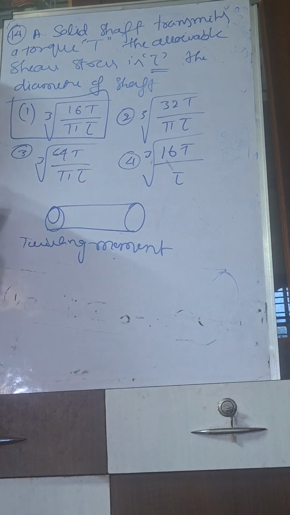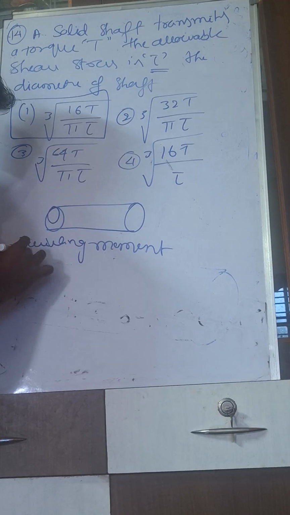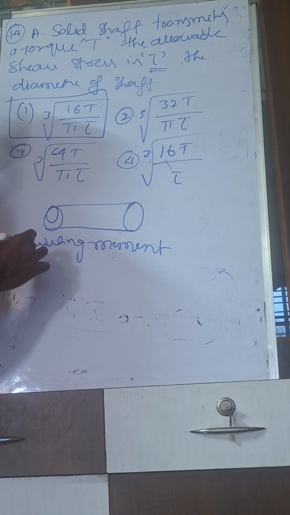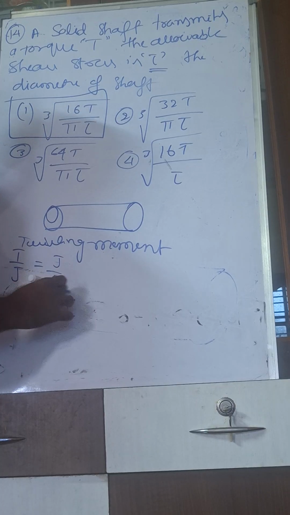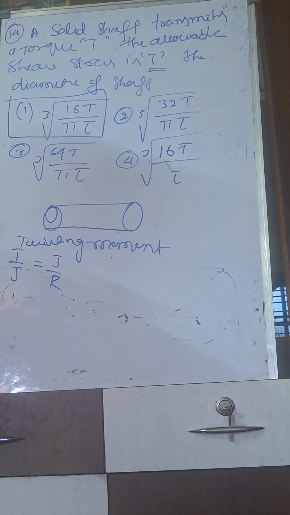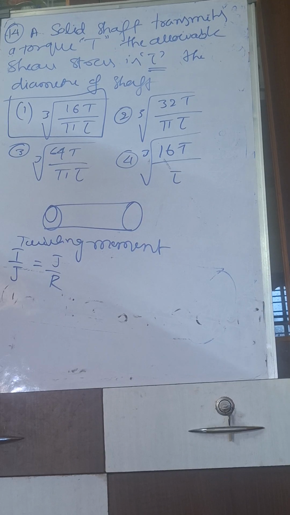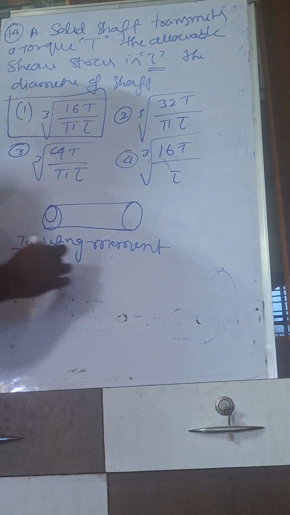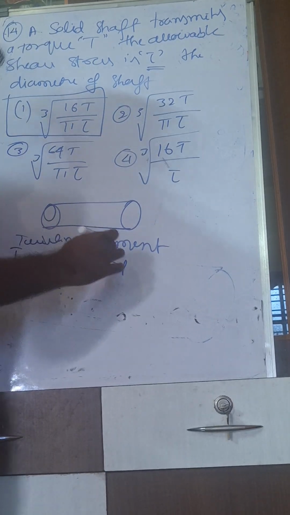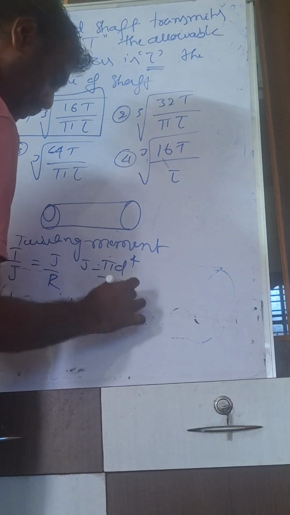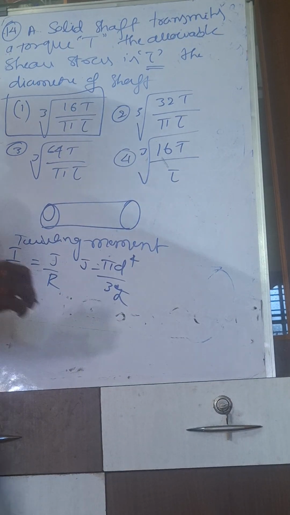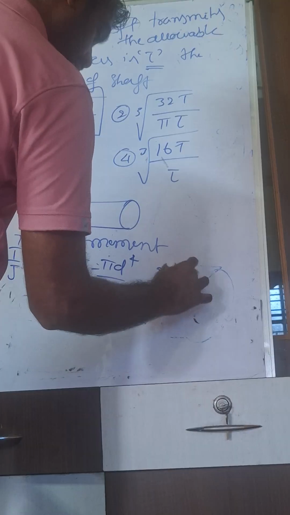See, T by J equals tau by R. J is equal to pi D to the power of 4 divided by 32. R is equal to D by 2.